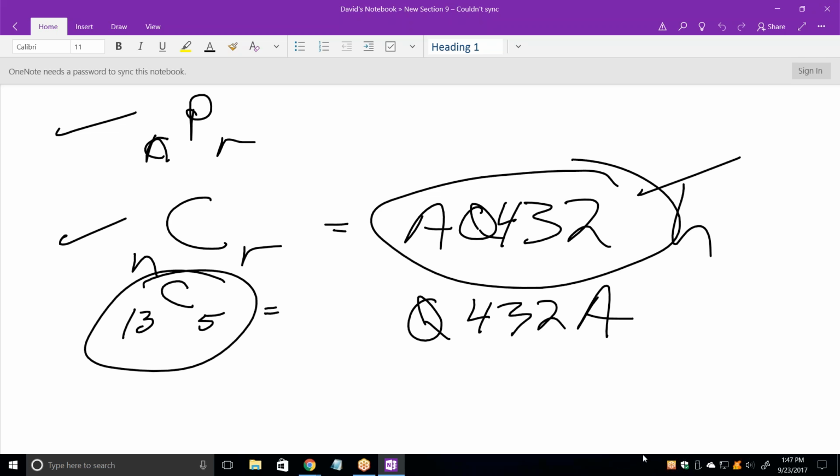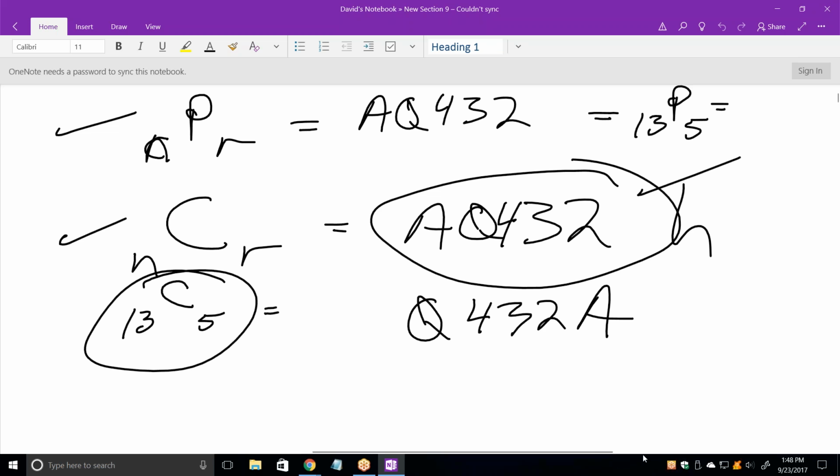And order doesn't matter. However, if I said, what's the odds that I get precisely ace dealt first, queen dealt second, 4 dealt third, 3 dealt fourth, 2 dealt fifth, well, that's 13p5.